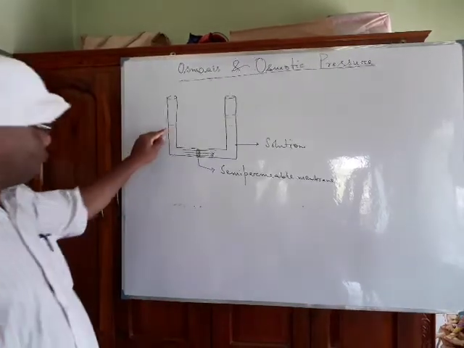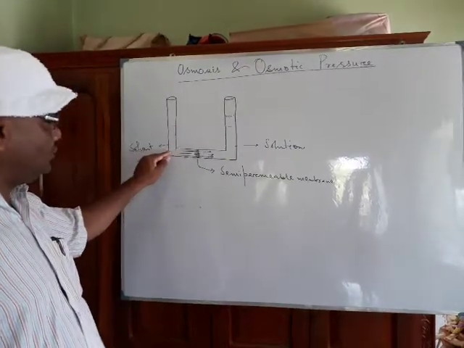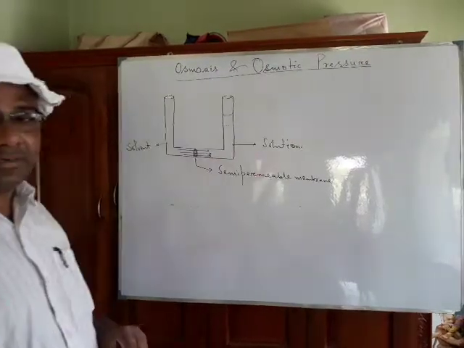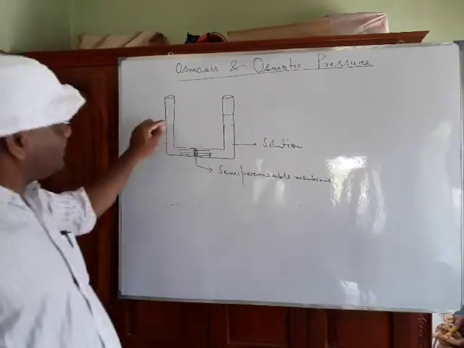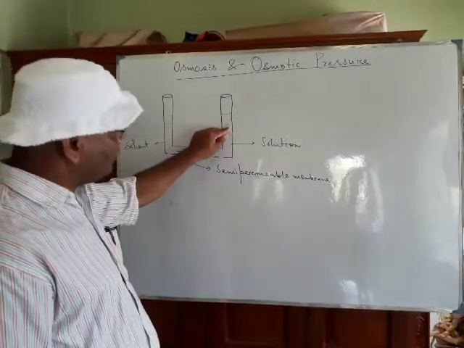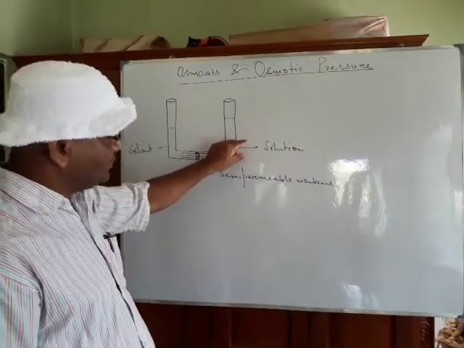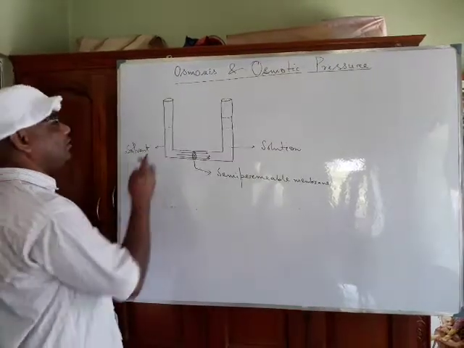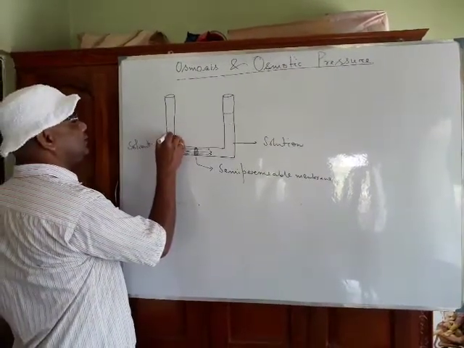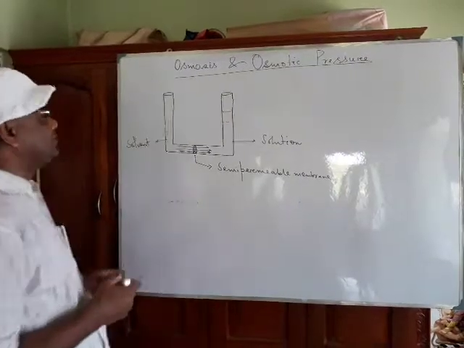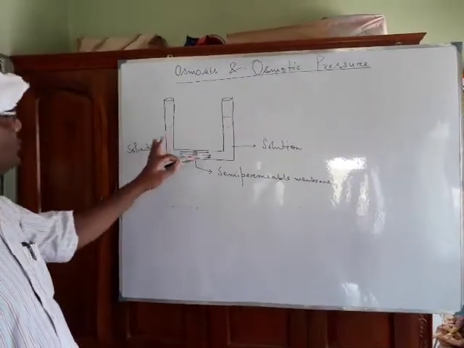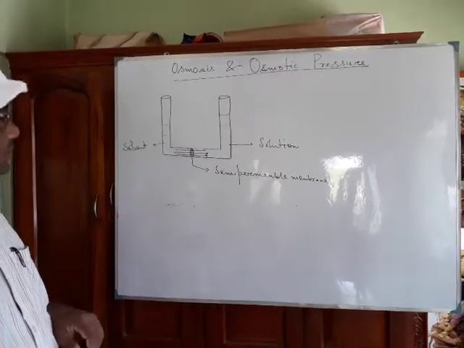Now, due to the passage of solvent molecules from the solvent to the solution compartment, what will happen? After some time, the level of the solution in the solution compartment will increase, and the level of the solvent compartment will decrease through the process of osmosis.